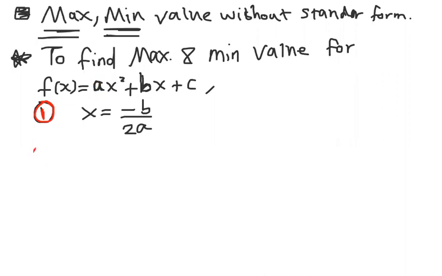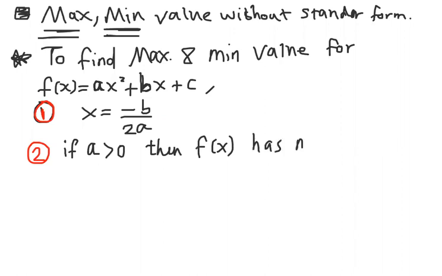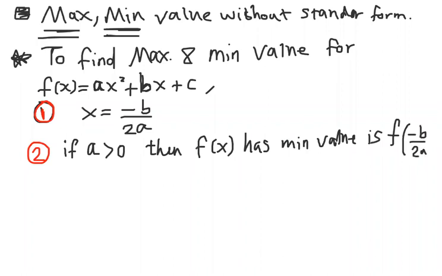Second step, we check the value of a. If a is positive, then f of x has a minimum value, which is f of minus b over 2a, of this point.